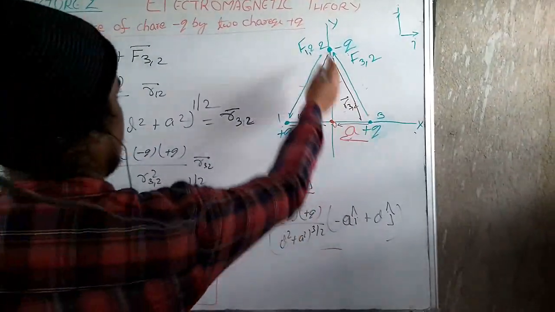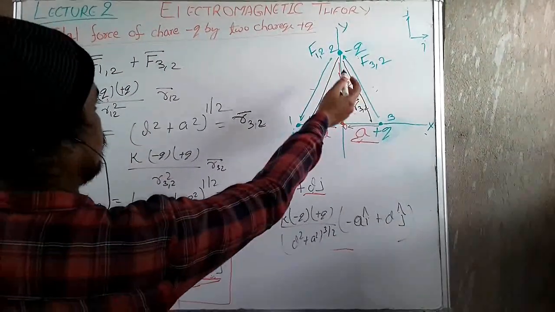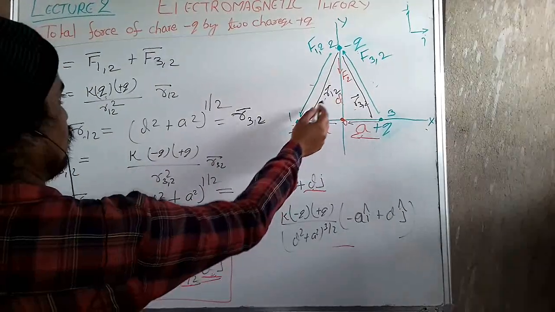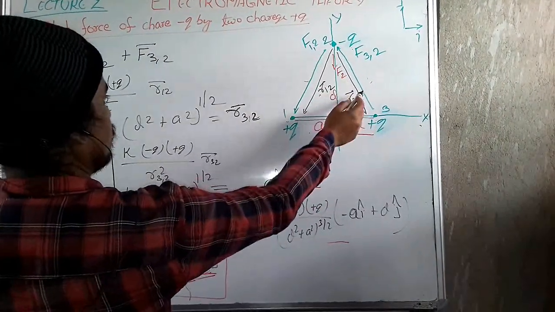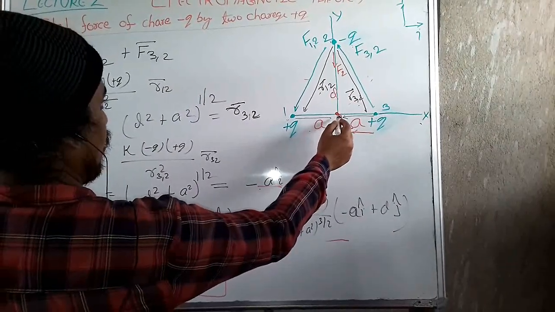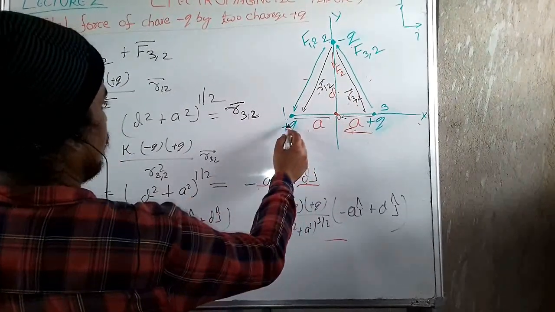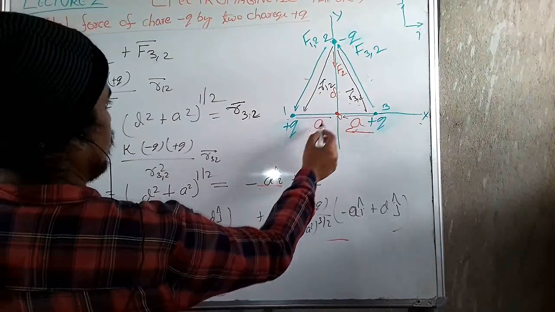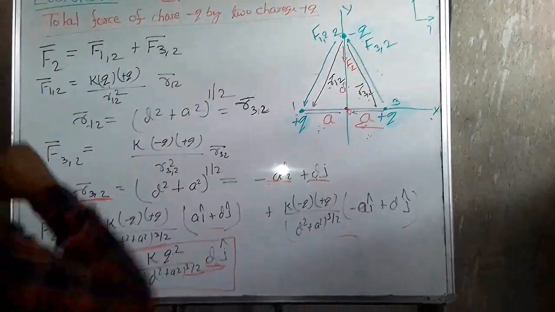So this is the x and y coordinate, and the distance between minus Q and plus Q is R12, and the distance between plus Q and minus Q is R32, and the distance between the origin and minus Q is D, and from plus Q to O is A, and both have equal distance from the origin.